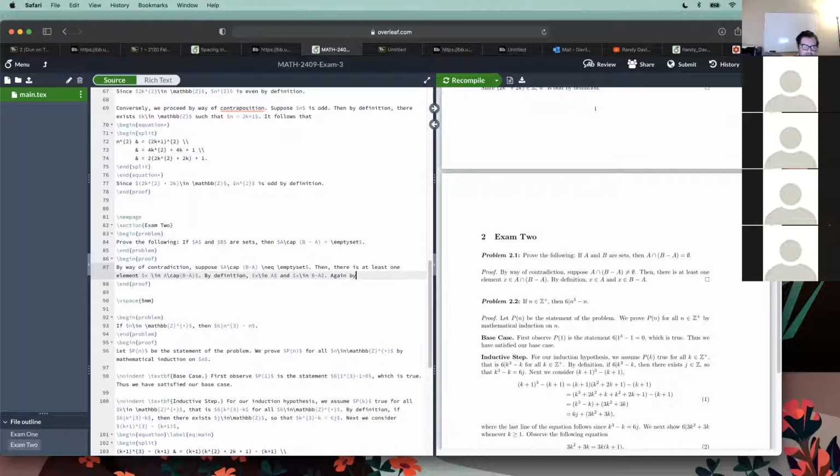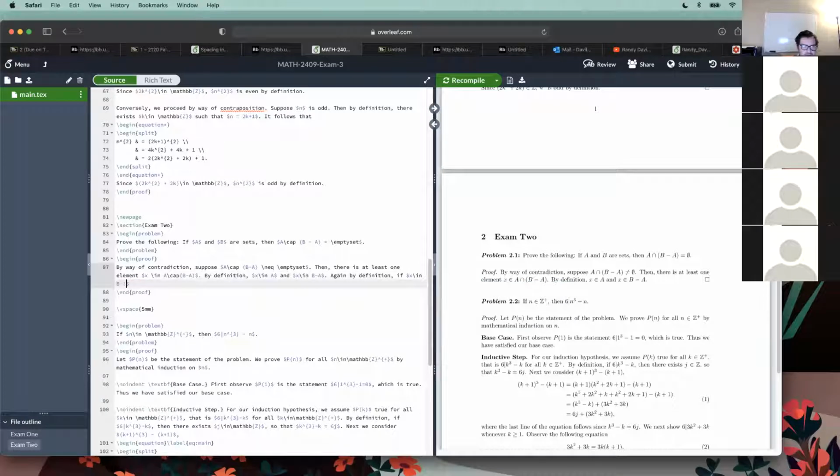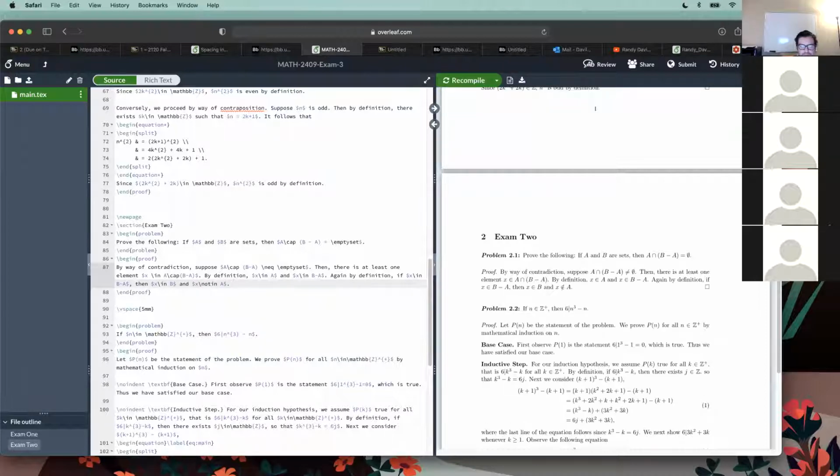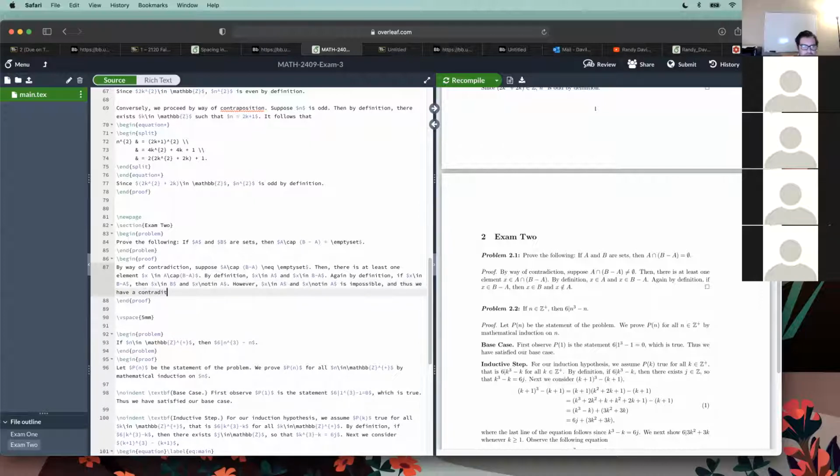So again, by definition, if x is in B minus A, then x is in B and x not in A. So then we can say, however, x is in A and x not in A is impossible, and thus we have a contradiction. Done.